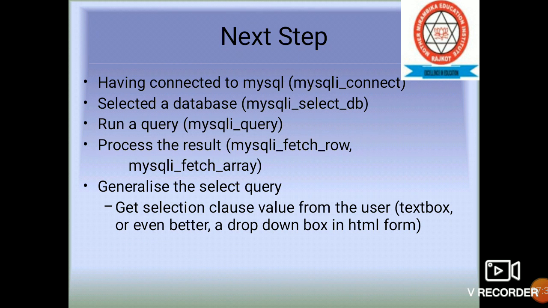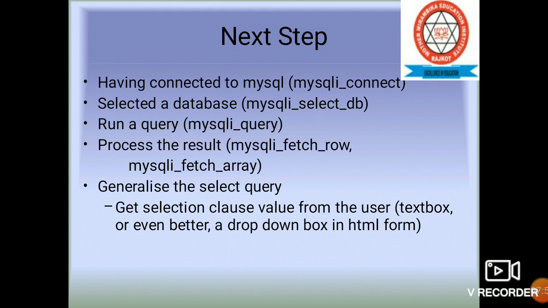Next step. Till now we have seen how to create a connection with MySQL, how to select a database, how to process a query, how to fetch results, and we have seen a generalized format of a select query, that is with a static value. For example, if I say select all the records where roll number is 5, here I have given the 5, so I am using a static query.